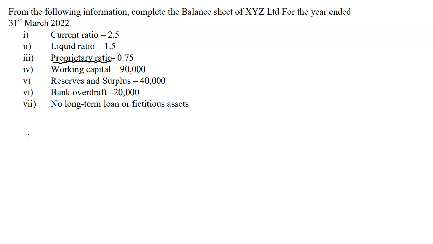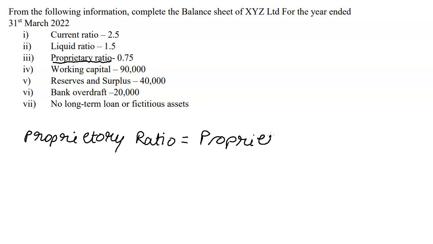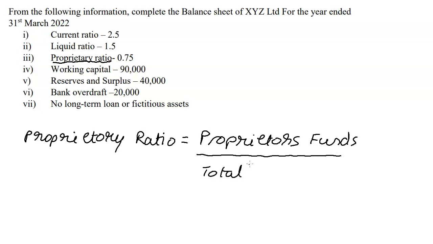The proprietary ratio is supposed to be proprietors funds upon total assets. However, if you try solving using this formula, the balance sheet will not tally.